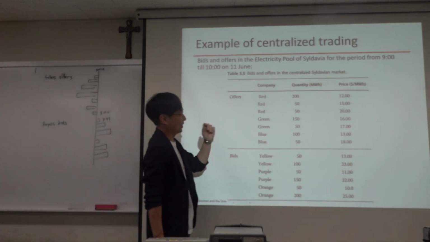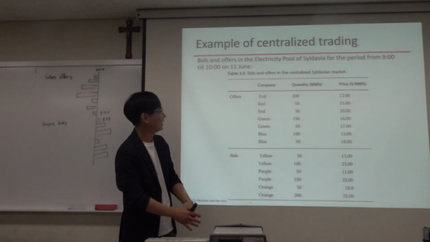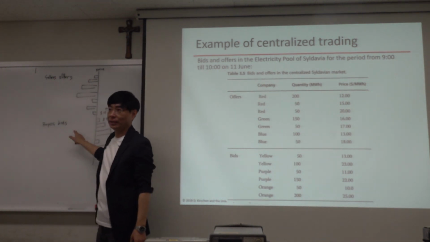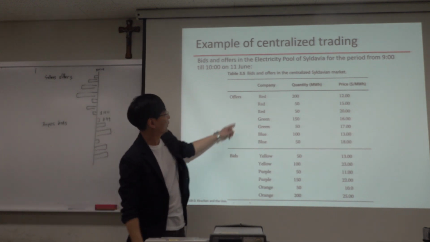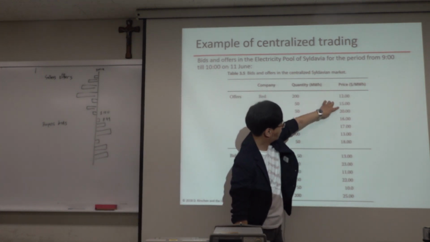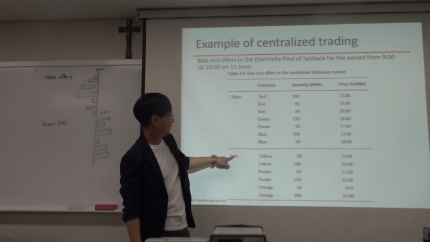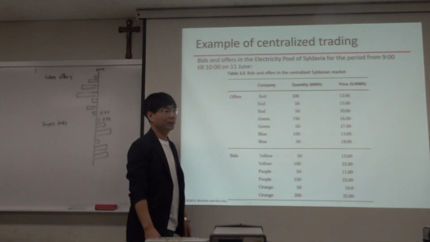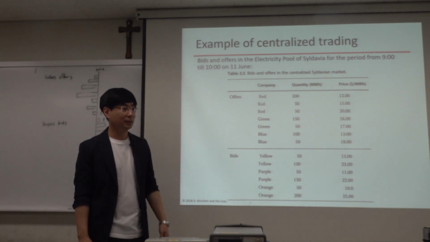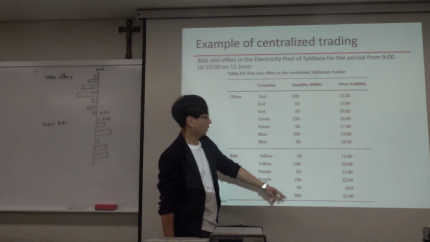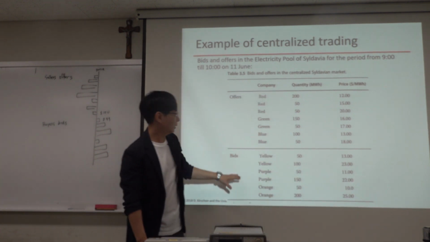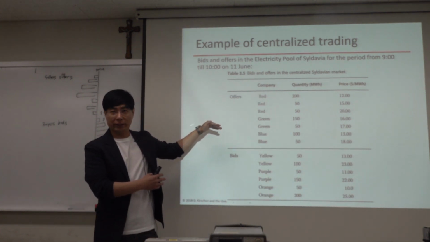Interesting, because typically we are assuming offers and bids like that, and here the offering price is that much, and the bidding price is that much, and these guys are very willing to buy energy at a very high price, right? This is a lot higher than this. So you see a lot of overlap here.